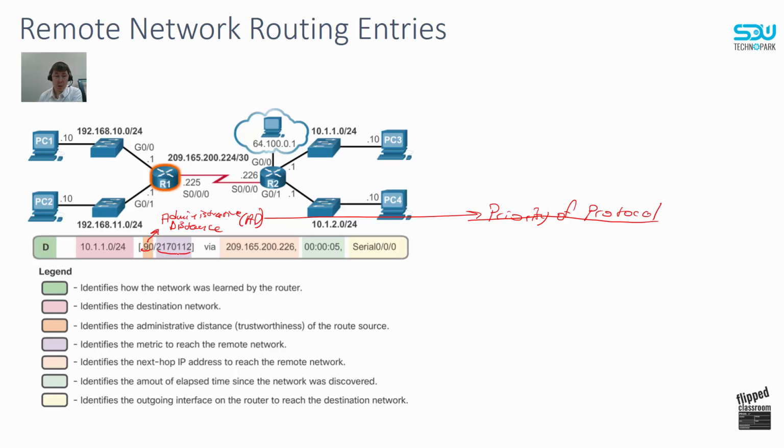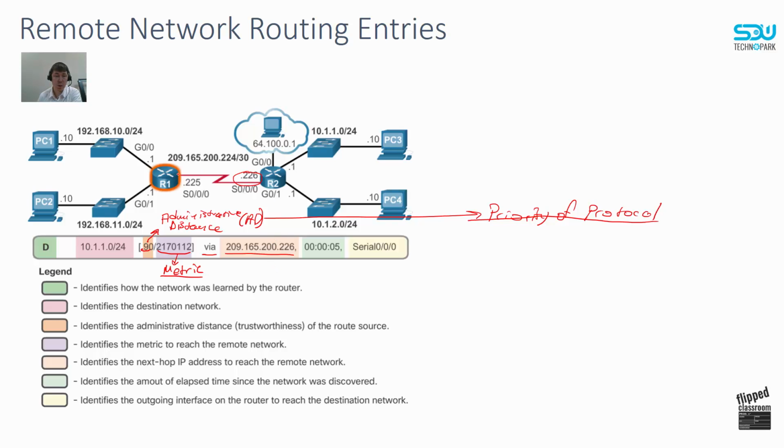And here we have a special value which is called the metric. As we mentioned before, some routing protocols use hop count as a metric, and some of them use bandwidth. After that we have via, which is the IP address through which we have connectivity to this network. It's the IP address of our neighbor in this case.